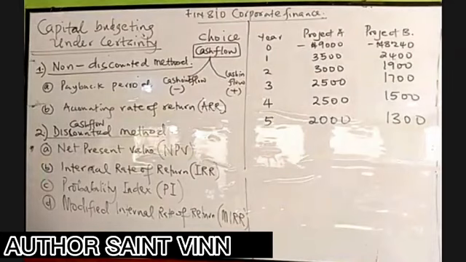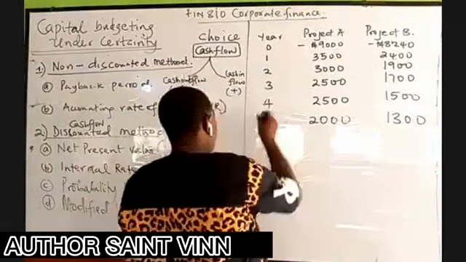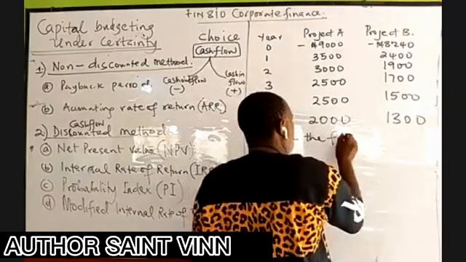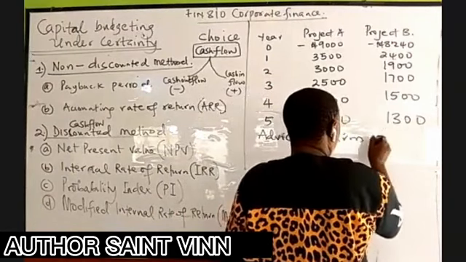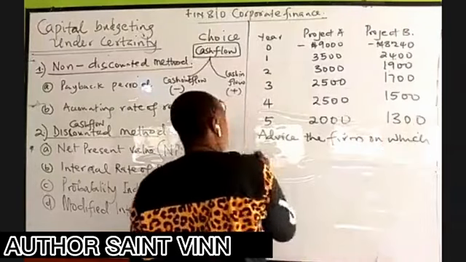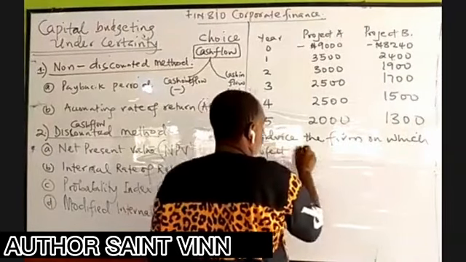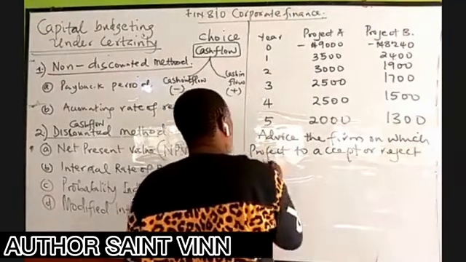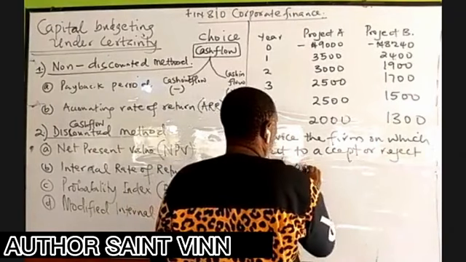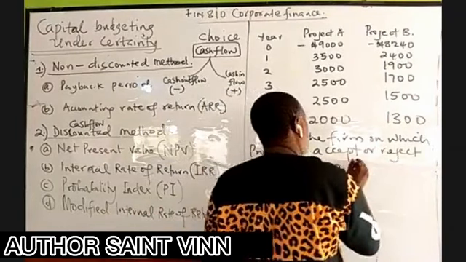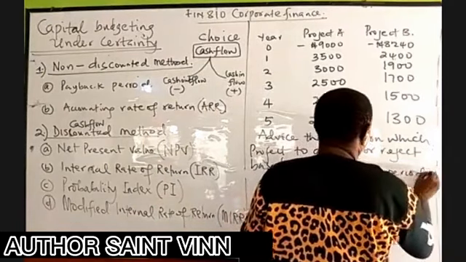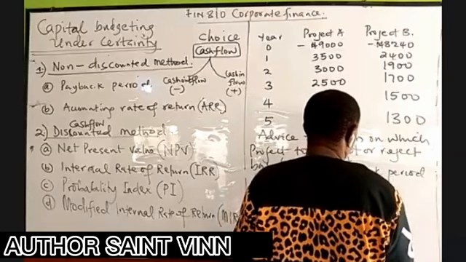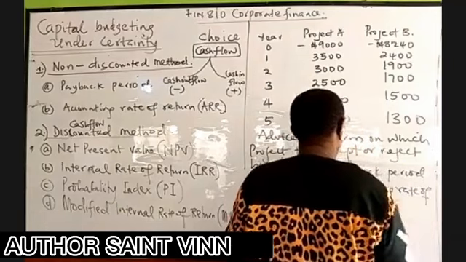So, according to the question, advise the company, advise the firm on which projects to accept or reject based on A, payback period, then B, accounting rate of return.